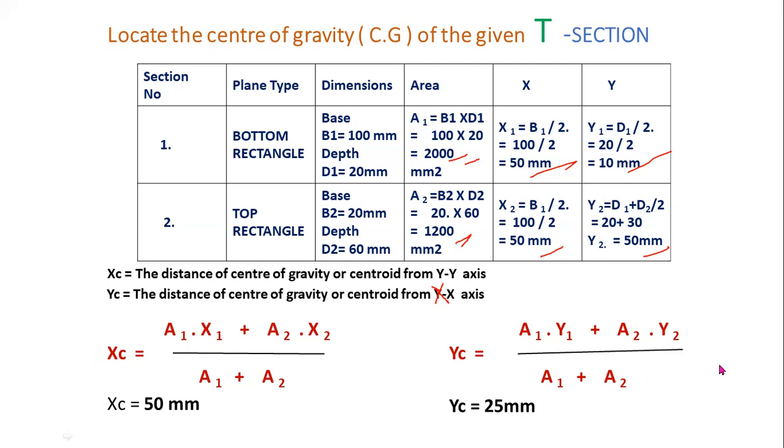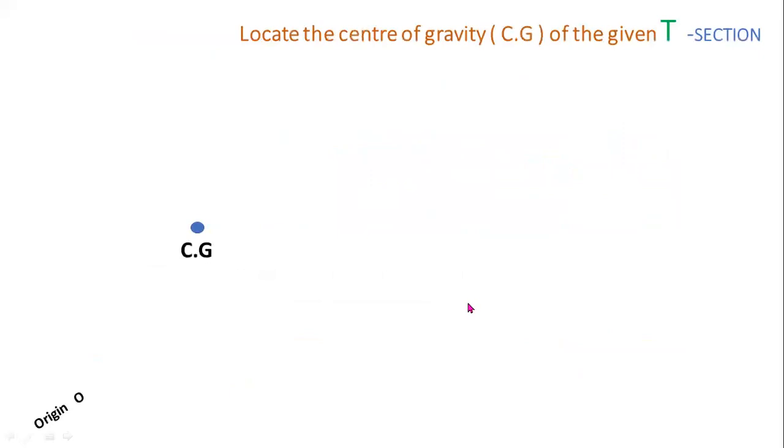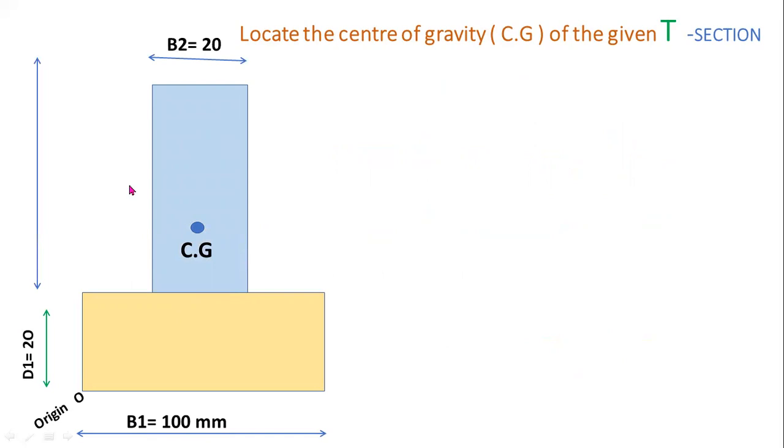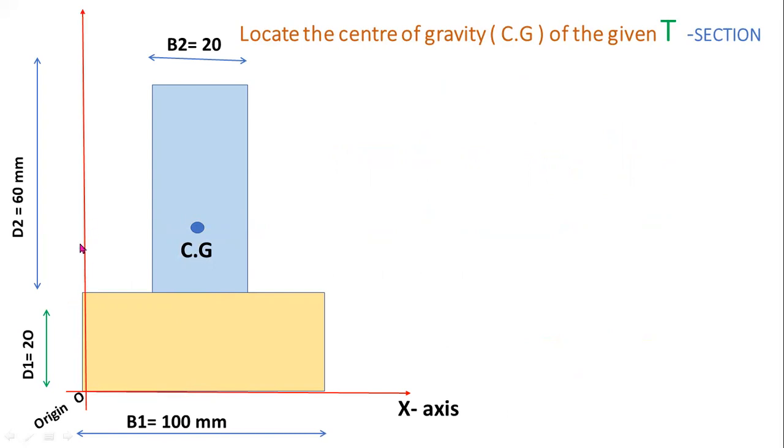Now I am showing the position of the centroid or center of gravity of a T section. B1, D1, and B2, D2. This is the reference x-axis. This is the reference y-axis.